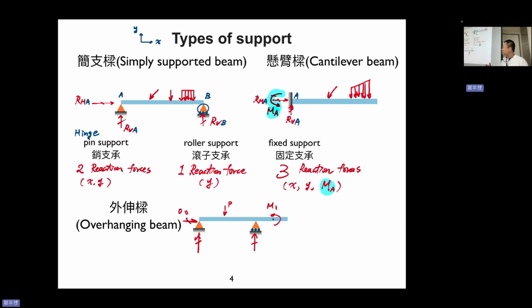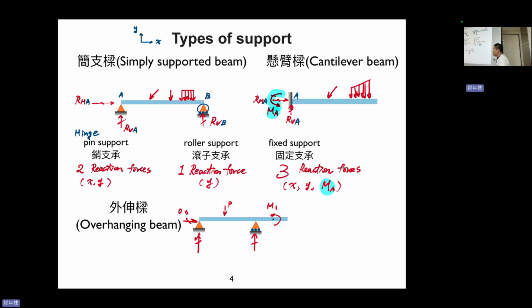Your reaction forces are not necessarily there. Your reaction forces are based on the loading. If the loading is not horizontal, you don't need any reaction force in the horizontal direction.